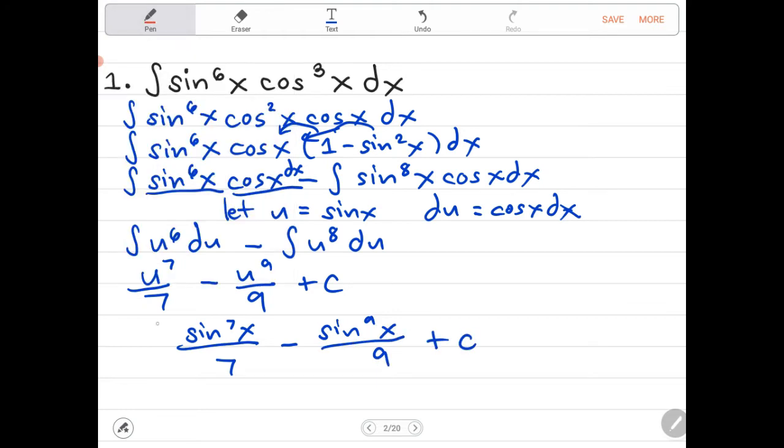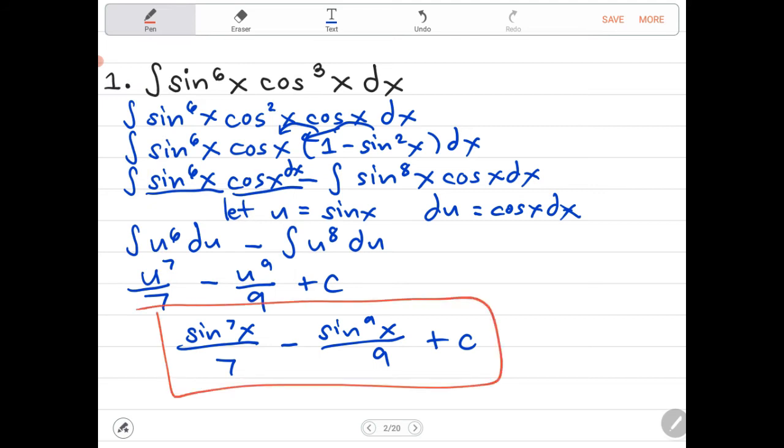This will be our final answer. Again, the technique that we use is we decompose the cosine until we have an individual cosine. Why? Because we know that the derivative of sine x is cosine x. Then after that, we can use the chain rule. Okay? So that is how we are going to do the number 1.